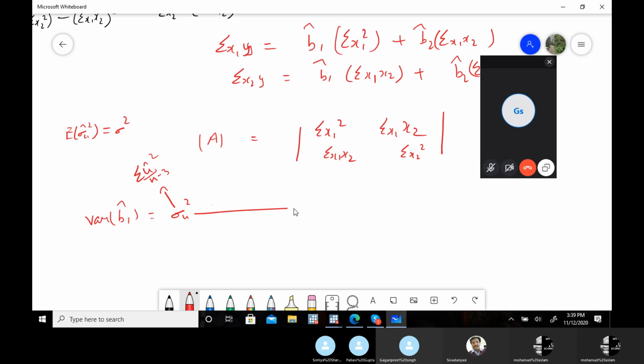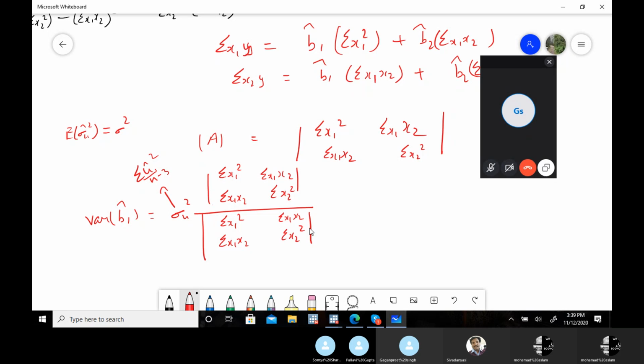Now we need a variance for this particular matrix. For that, you have to just write this determinant in numerator and denominator: summation x1 square, summation x1 x2, summation x1 x2, summation x2 square, and summation x1 square again, x1 x2, summation x1 x2, and summation x2 square.